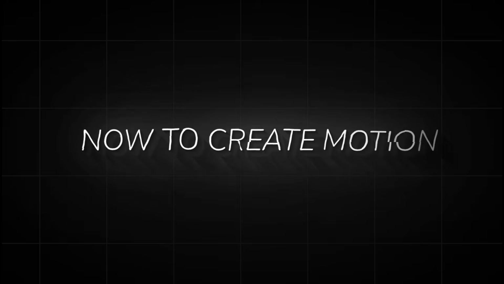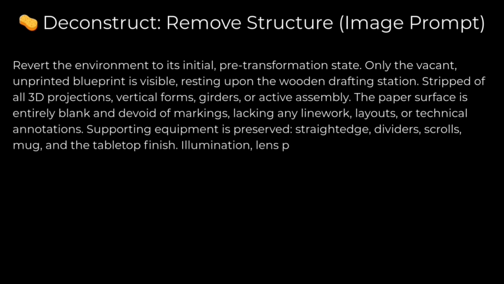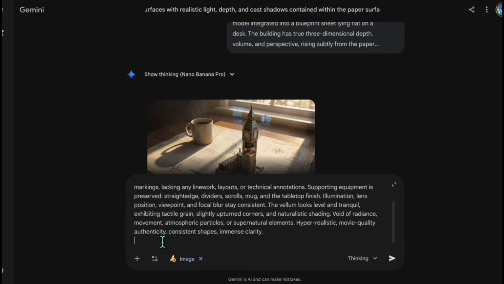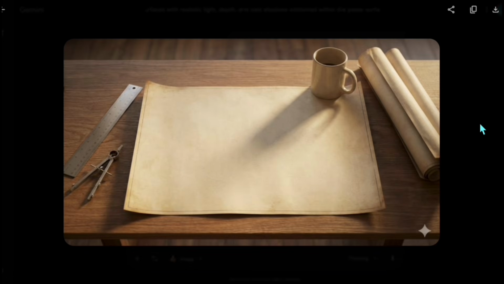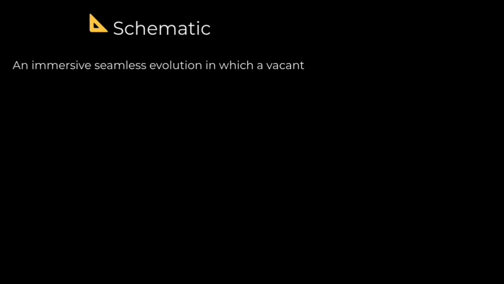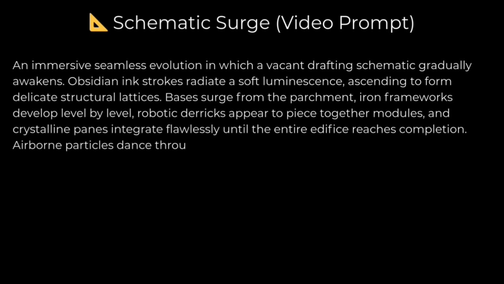Now to create motion, I go back to the first result. I take the Big Ben image and apply the Remove Structure prompt. This removes all built elements and depth, leaving only a clean, empty sheet of paper on the drafting table. This will be my first frame for the video. For the video, I will use this schematic surge motion prompt.